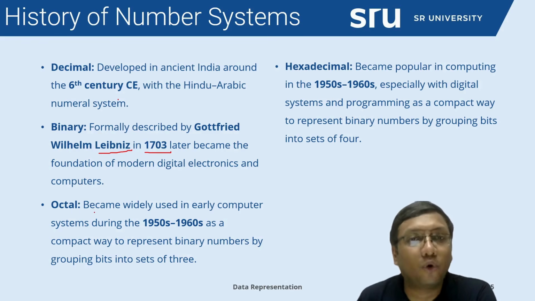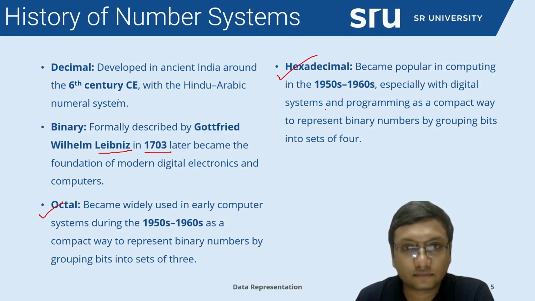To make it more convenient, the octal number system was developed by grouping 3 binary digits, and similarly, by grouping 4 binary digits, the hexadecimal number system became very popular in the 1950s.